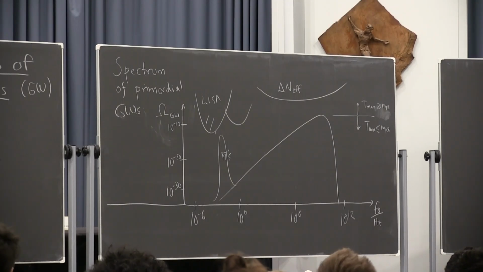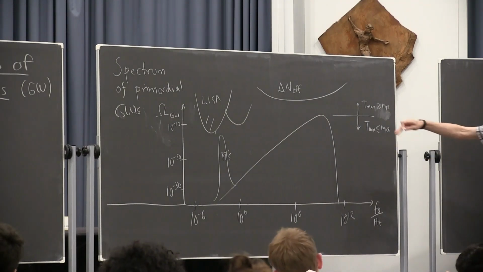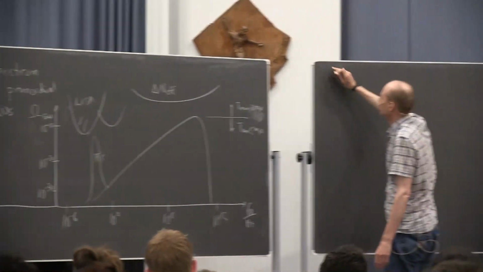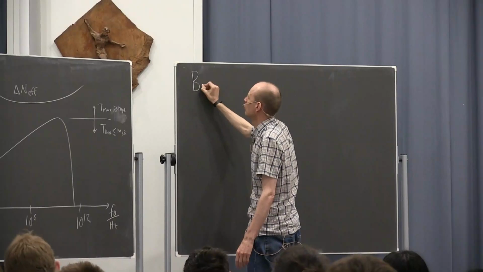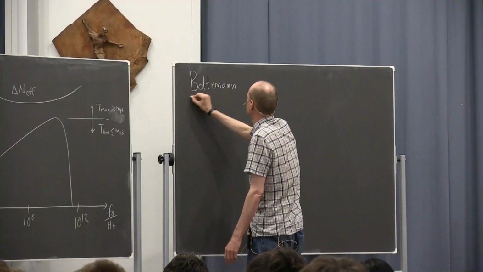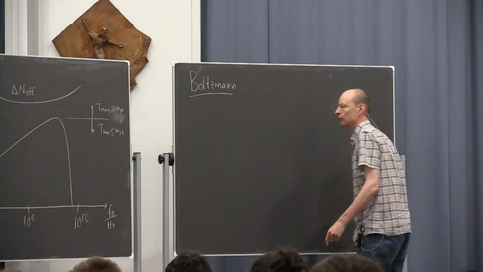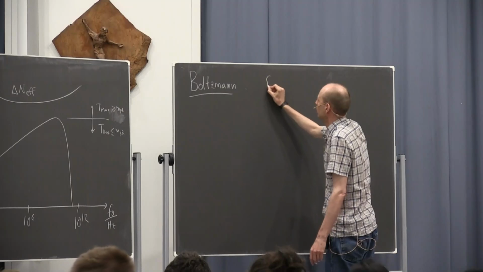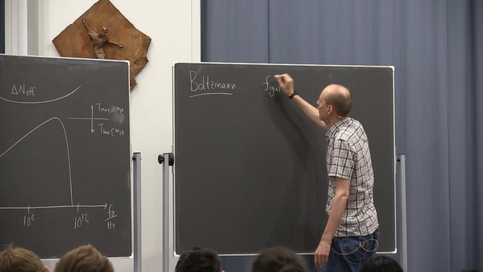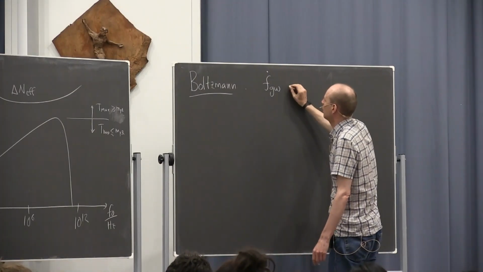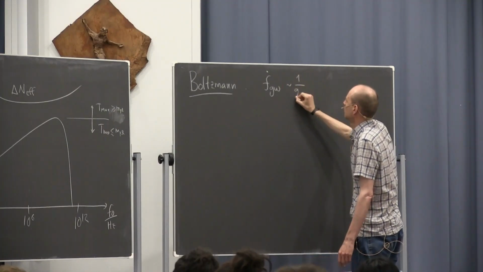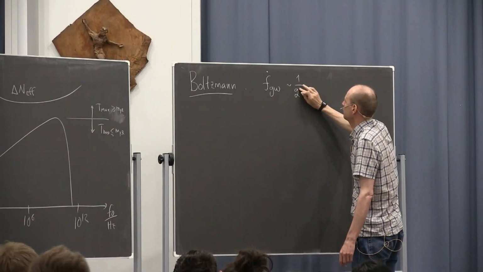So now I want to show why we produce these gravitons even if they then don't thermalize. And how can we do that? Well, we can do that by using these Boltzmann equations that we discussed. The Boltzmann equation would say that there's some phase space density of the gravitational waves, and it evolves with time, and it is then 2 times energy.